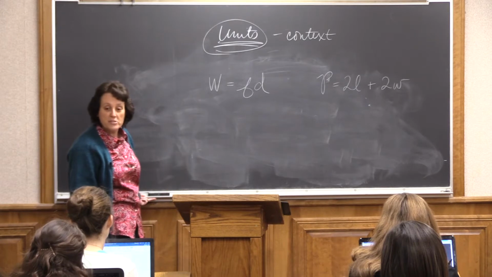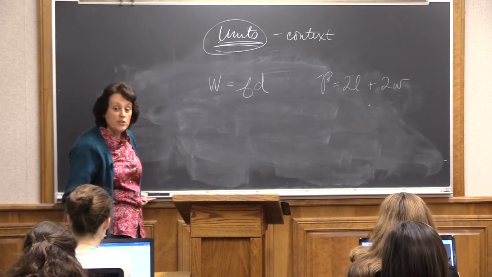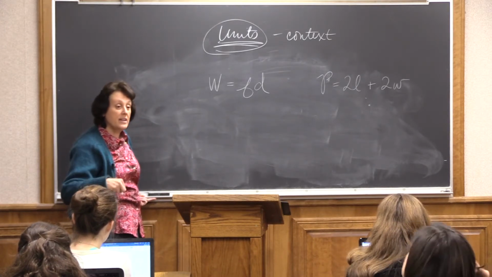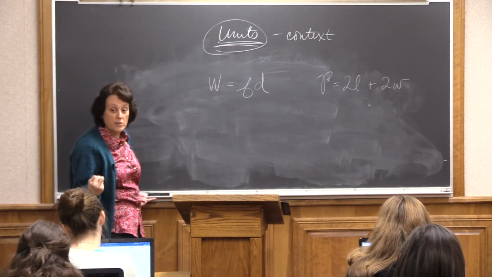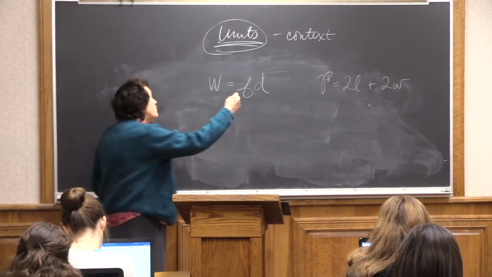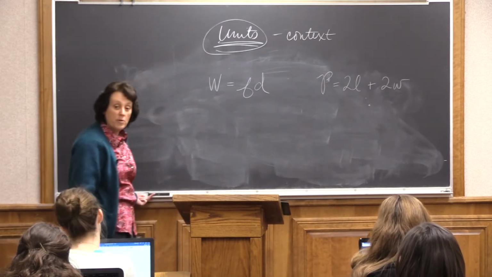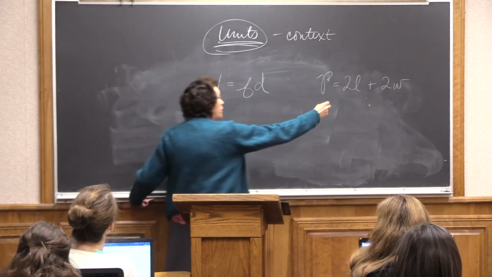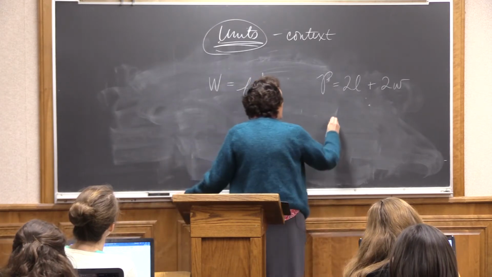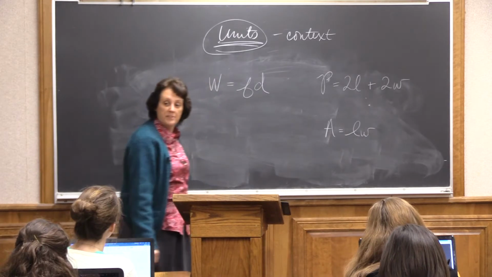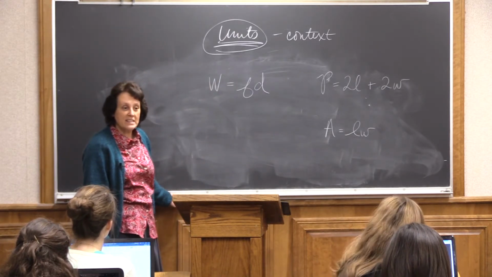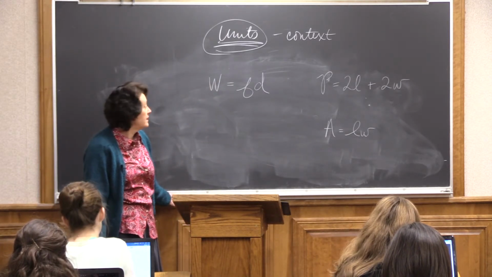Units are not labels that we slap on the end. Units are part of the computation. So we've got to be able to work with our U.S. customary units in formulas. A work formula, a perimeter formula, an area formula. So geometry comes back to haunt us with units.